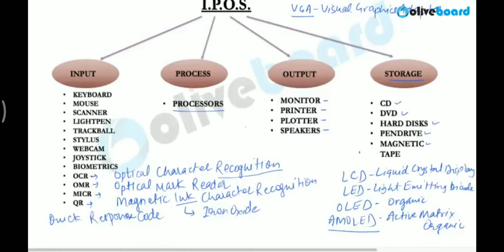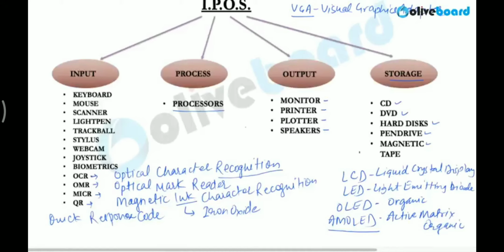The full form of CD is compact disc. The full form of DVD is digital versatile disc, and hard disks can be shortened to HDD, and finally pen drive and magnetic tape. Okay, so these are some storage devices.